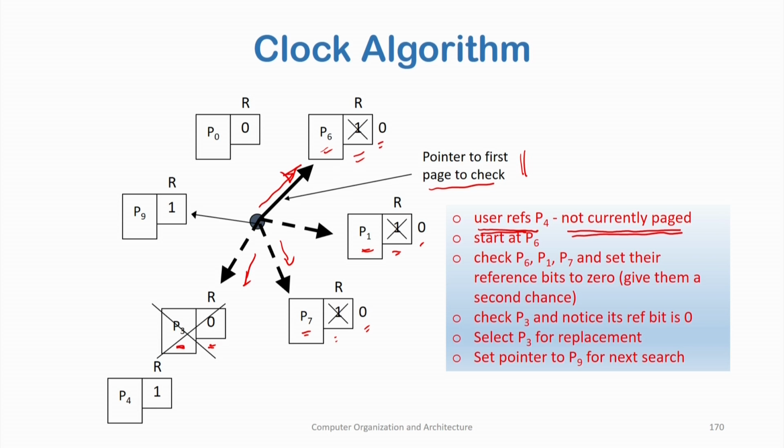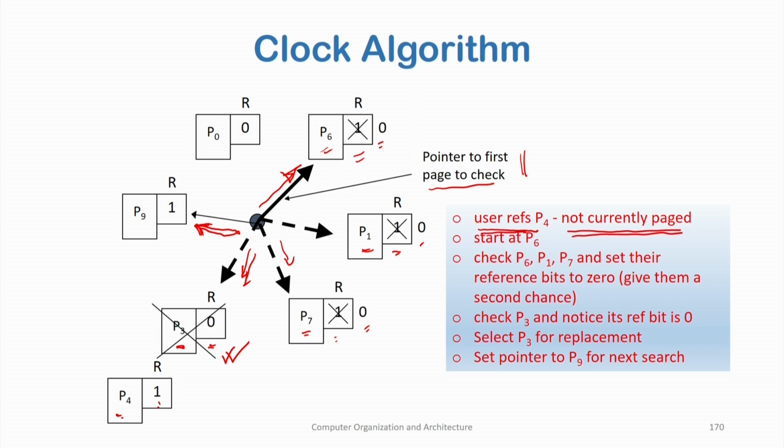So, I select page 3 for replacement, and page number 4 comes in, in place of page 3, and the reference bit is again set to 1. For the next search, the pointer now points to the next page frame. My current search ended at this frame, so the next search will start from the next page frame.